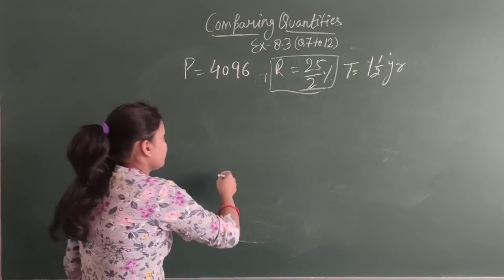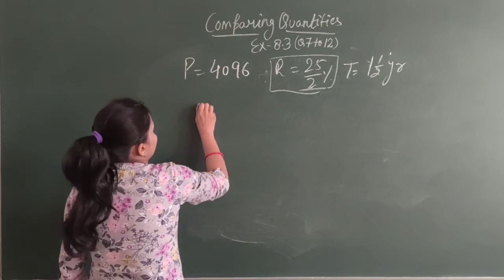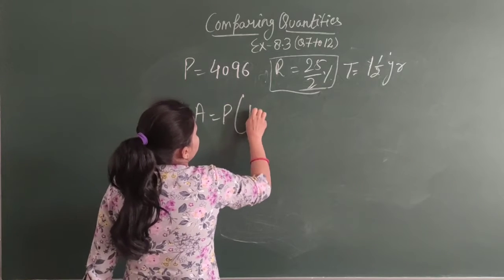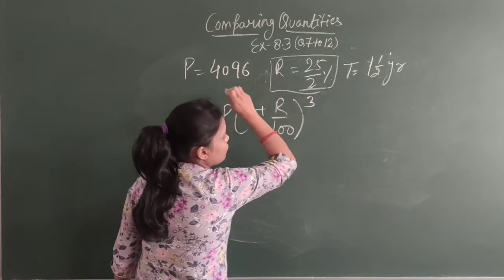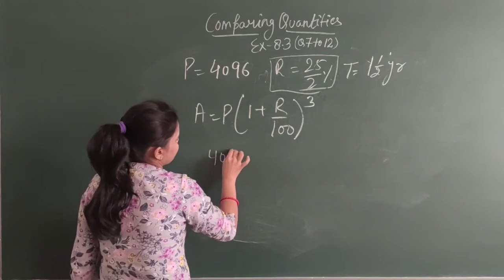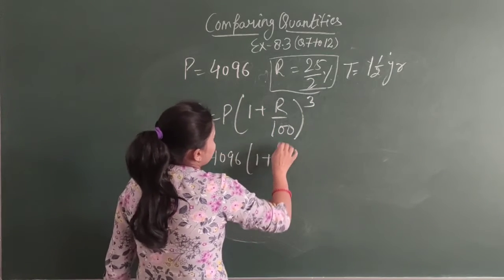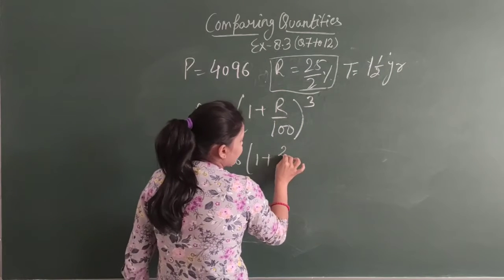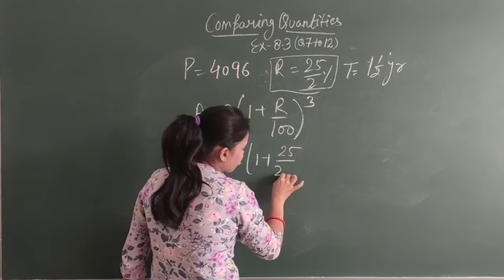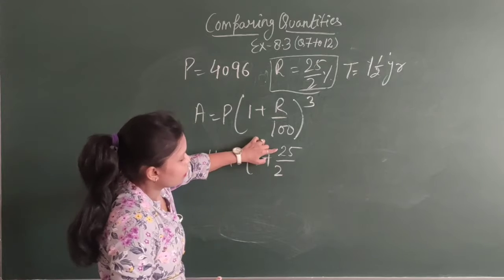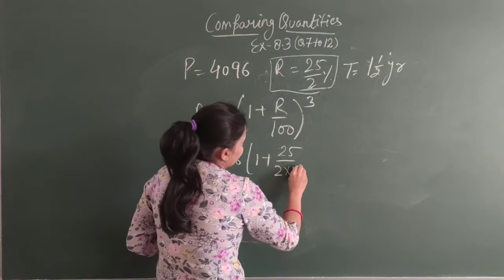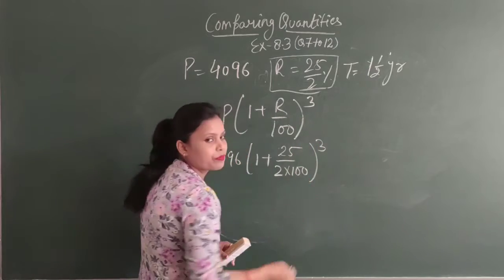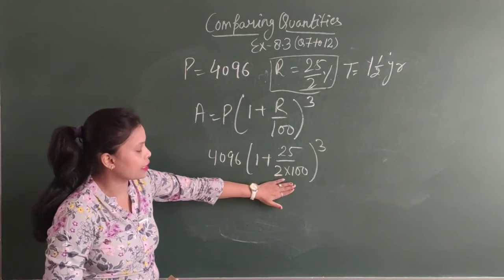Okay, let's apply the formula. So principal is 4,096, 1 plus R is 25 by 2. If the rate is given as 25 by 2, we can write it like this.